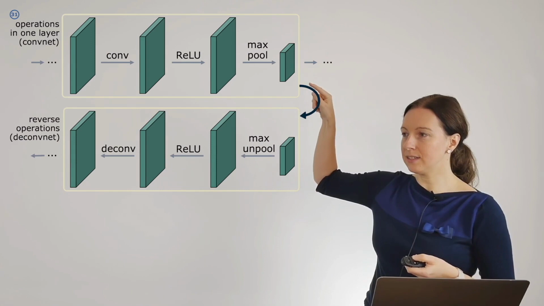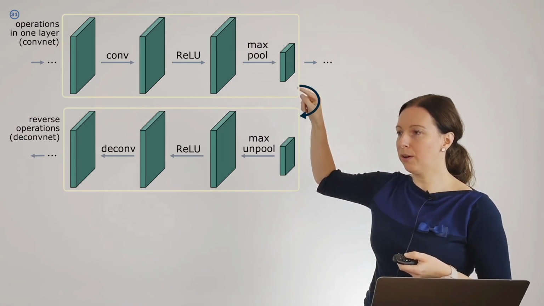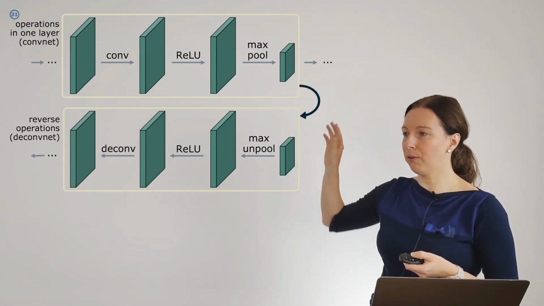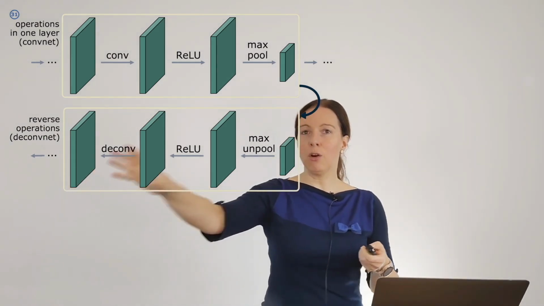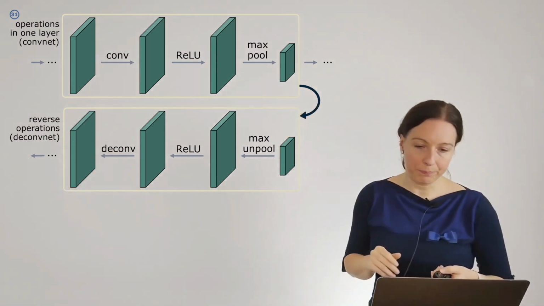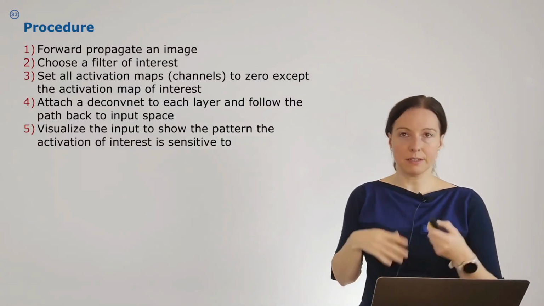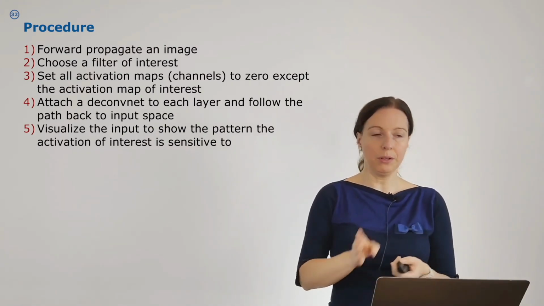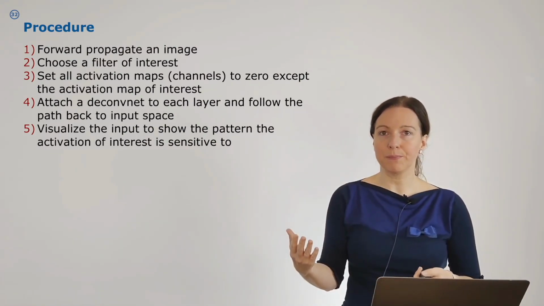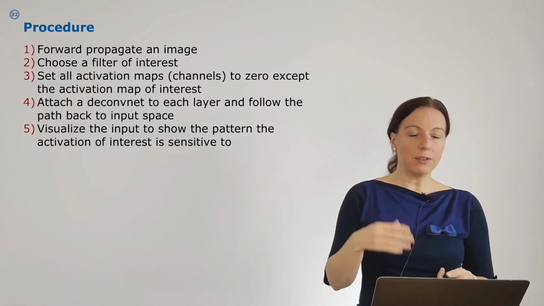And as you can see here, from this block, if you perform the reverse operation, you can actually go back to the input of the network. So let's have a look at the procedure. First of all, you forward propagate an image. And then you choose a filter of interest.